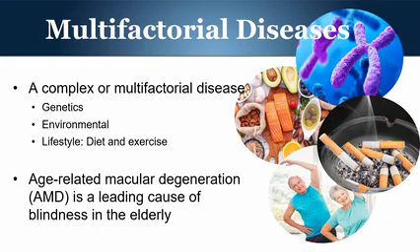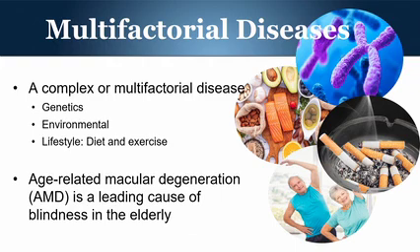Most chronic diseases are multifactorial. That means they are caused by a combination of our genetics, the environmental factors, and lifestyle or exercise factors. Classic examples of these are cancers, diabetes, cardiovascular disease, many of the neurological degenerative diseases.